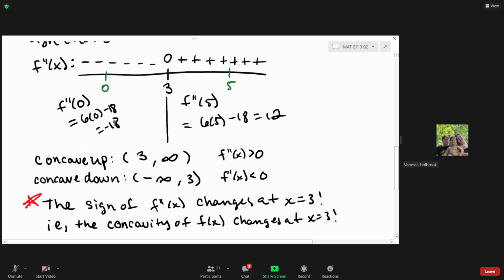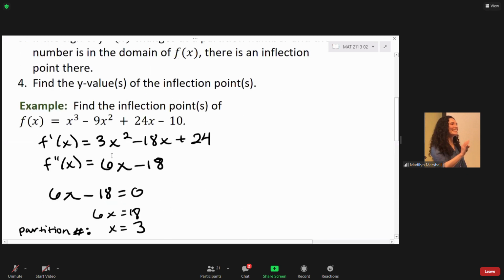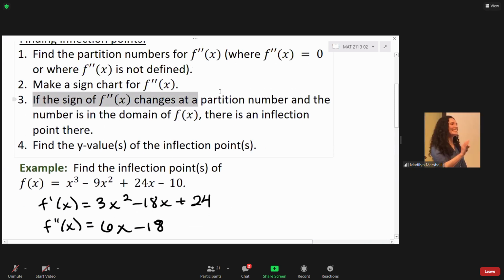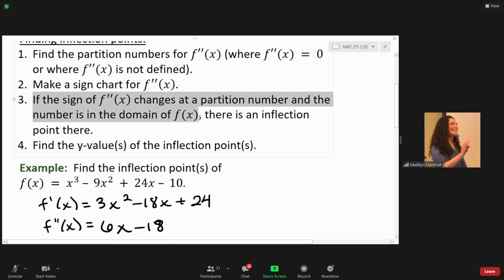So then do we take the 3 and put it in the original equation? Yes. Let me scroll back up to our steps. There's one more thing we should check. If the sign of f double prime changes at a partition number, as ours changed from negative to positive, and the number is in the domain of f, we also need to check that.